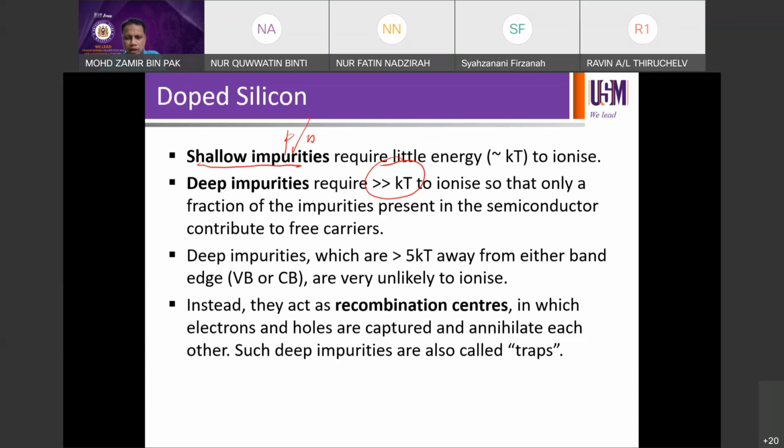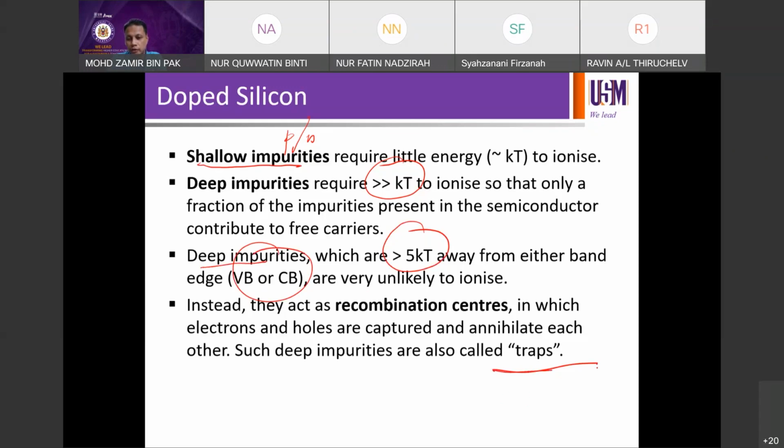So only a fraction of the dopants are ionized. Okay. Deep impurities, which are more than 5 kT away from either band edge, CB or VB, are unlikely to ionize. Okay. So deep impurities are defined as the impurities which have energy states.